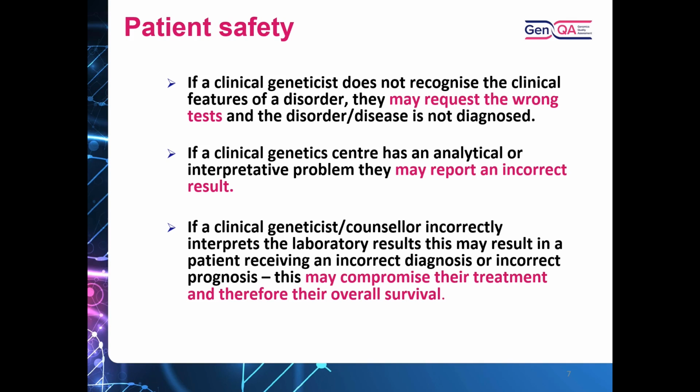If a clinical genetics centre has an analytical or interpretive problem, they may report an incorrect result. And if a clinical geneticist or counsellor incorrectly interprets the laboratory results, this may result in a patient receiving an incorrect diagnosis or incorrect prognosis, which may compromise their treatment and therefore their overall survival.